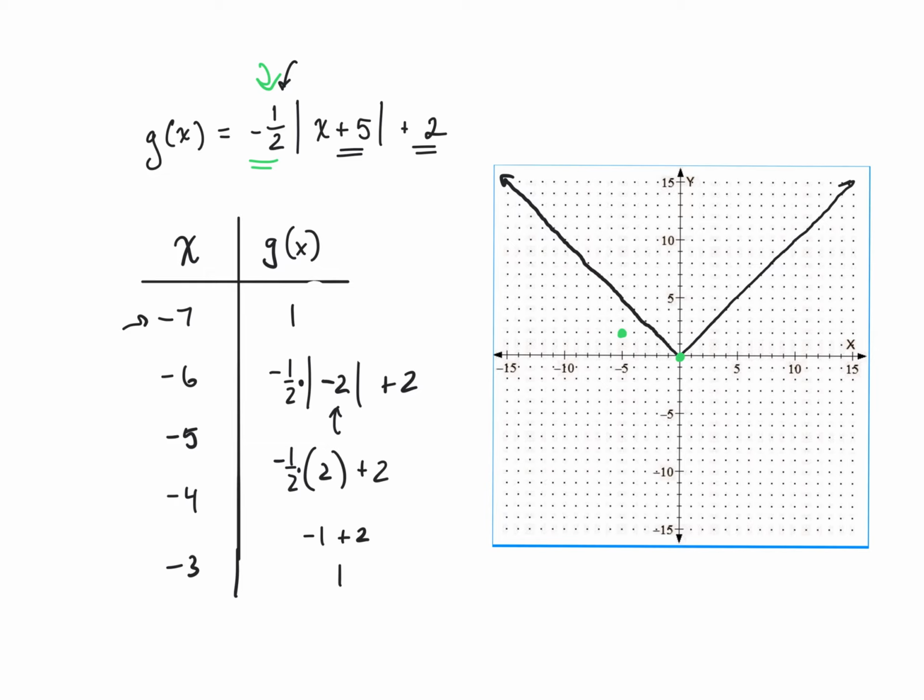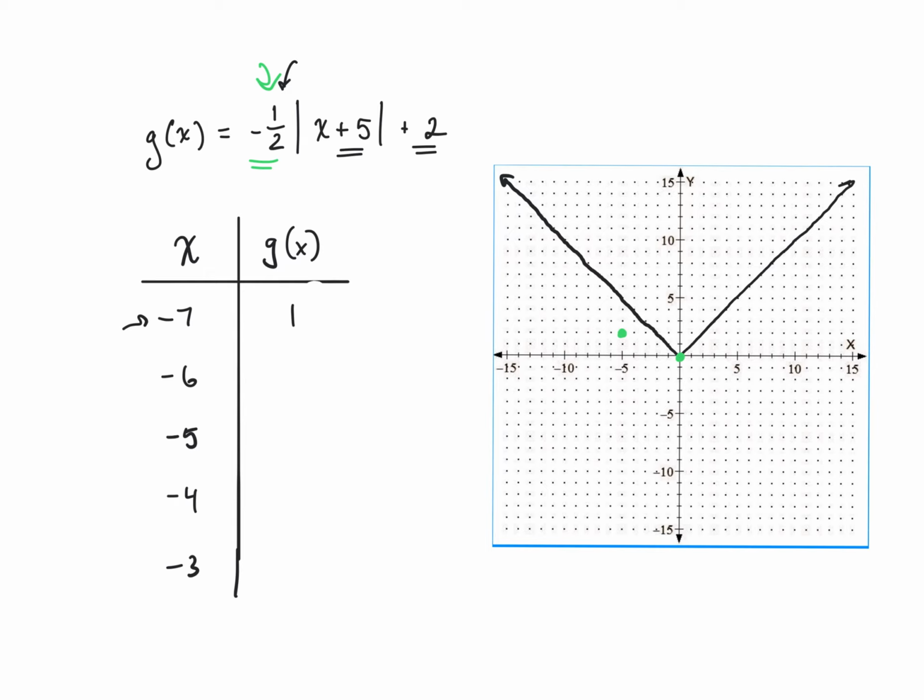Then we're going to take a guess at what this does for the rest of my functions here. Just so we're all aware, I'm simply plugging stuff in. Now I'll do this with a -6 using some mental math.